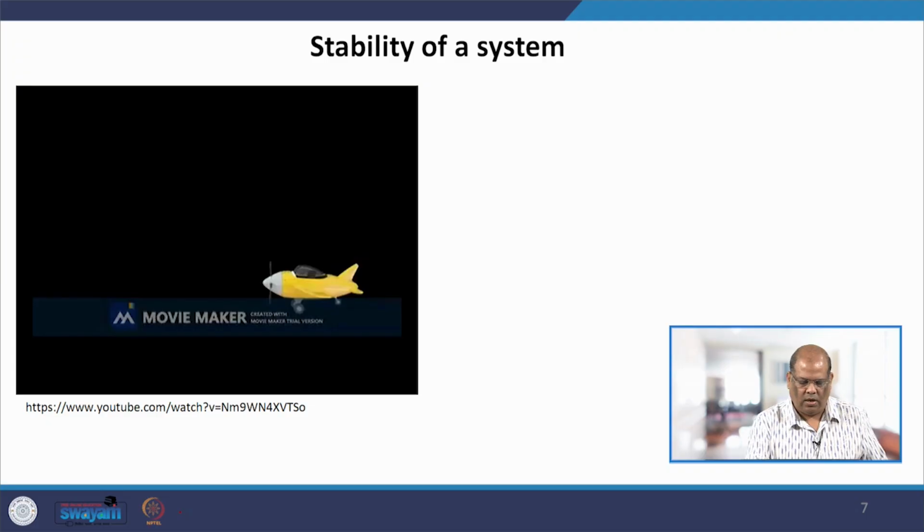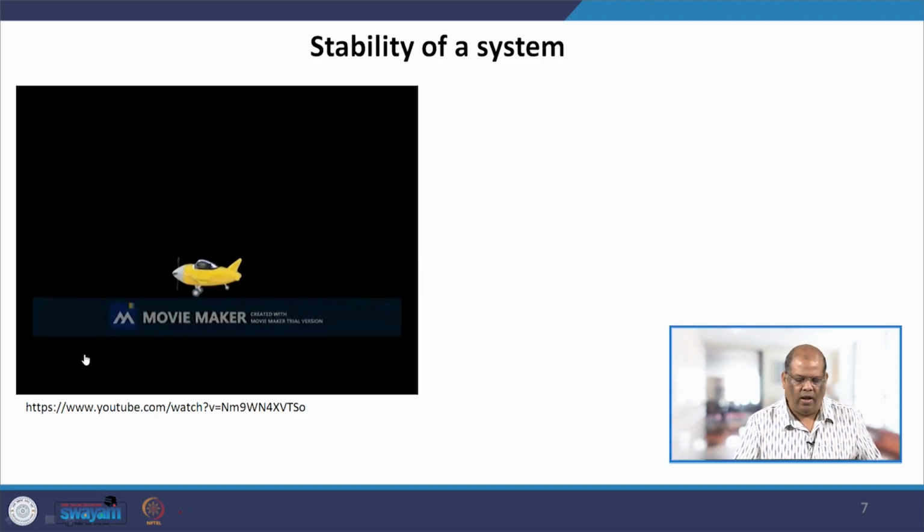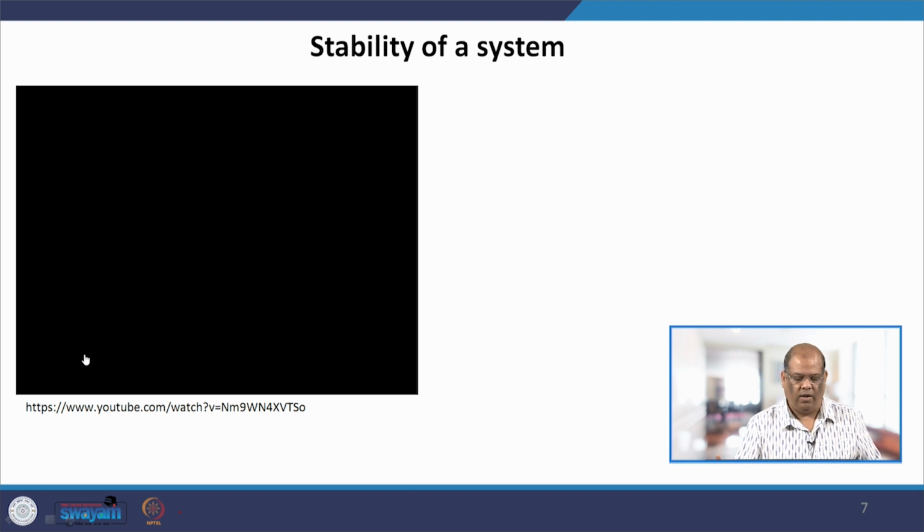Let us look at this small animation. So, you can see this plane is moving and there is turbulence. If the plane comes back to its original position, then we say that the system is stable, whereas if it flips and does not come back, then it is unstable. Let us look at another example.